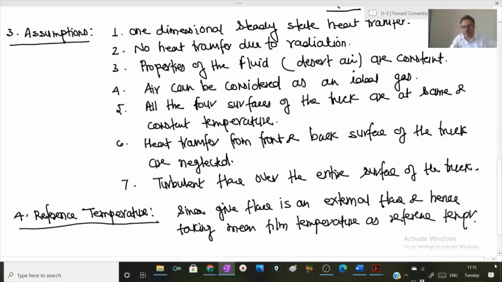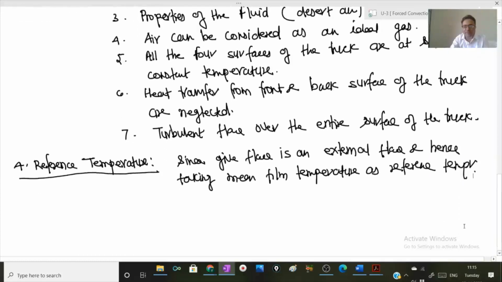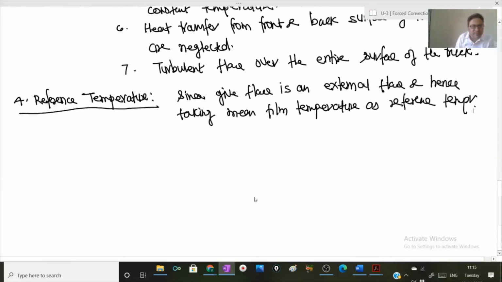And how can I calculate reference temperature? You better know. Reference temperature can be calculated as Ts plus T infinity by 2, and it is represented by T suffix F. So Ts is 10 degrees Celsius and T infinity is 70.